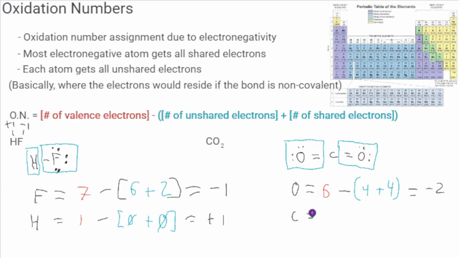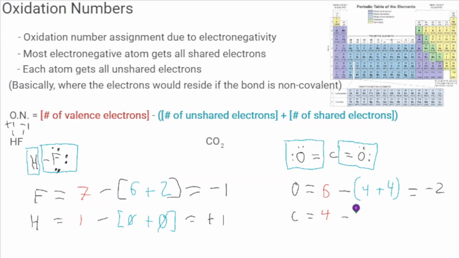Now for carbon, it's right here on the second row. I'm going to say 1, 2, 3, 4. So it has 4 valence electrons, just counting over from the left side of the periodic table on the row it is on. So we're going to have 4 valence electrons minus all the electrons that are given to the carbon.